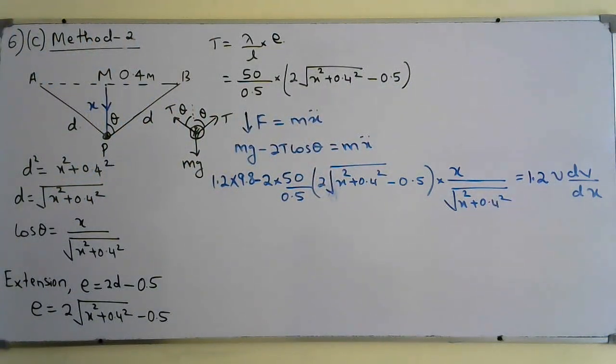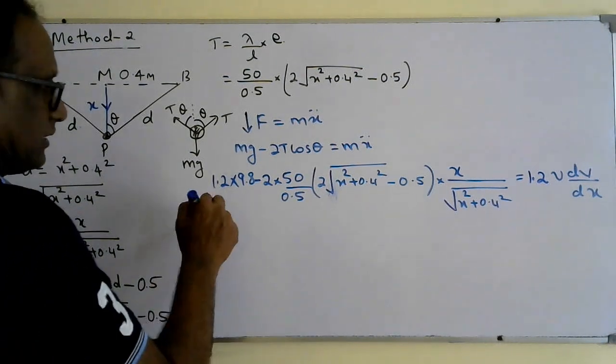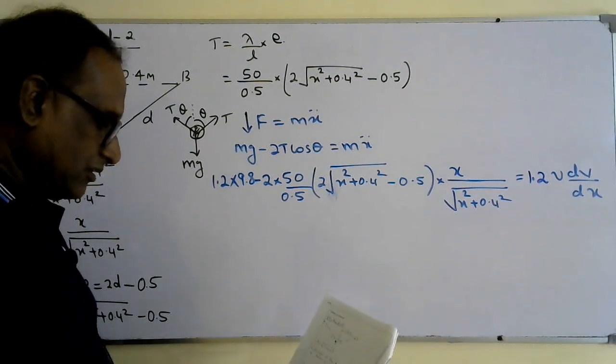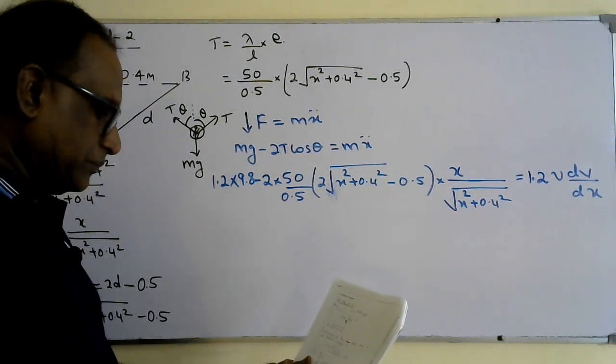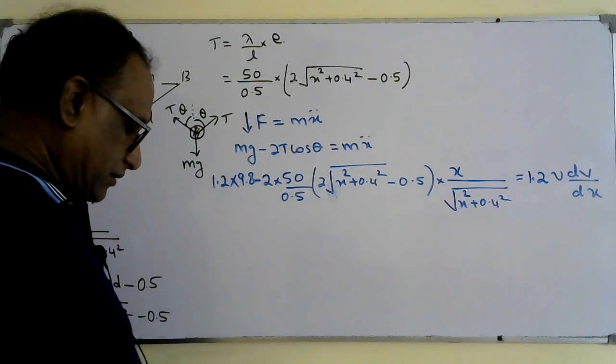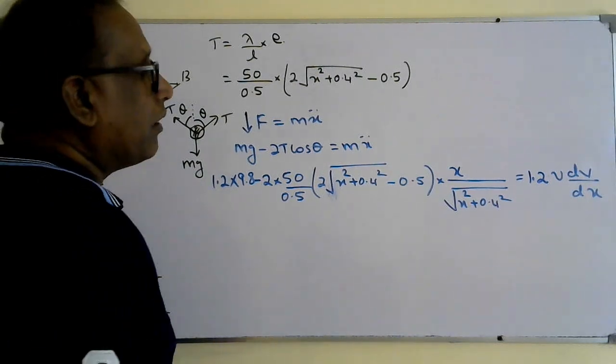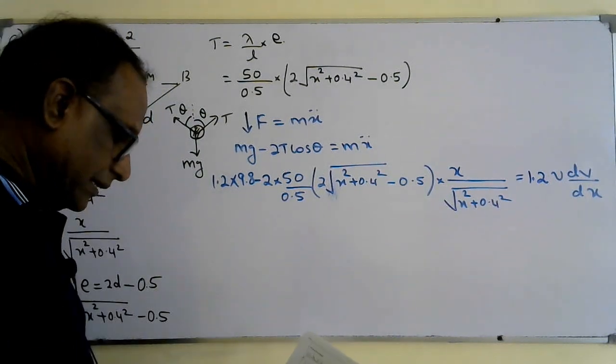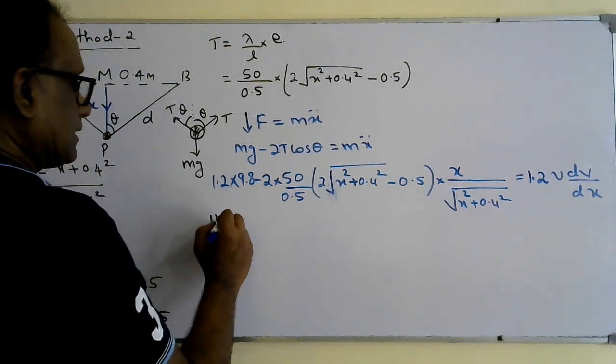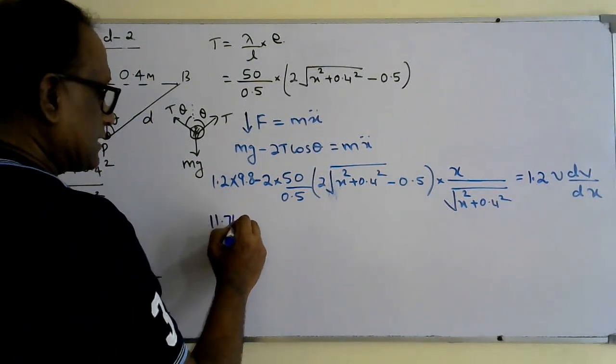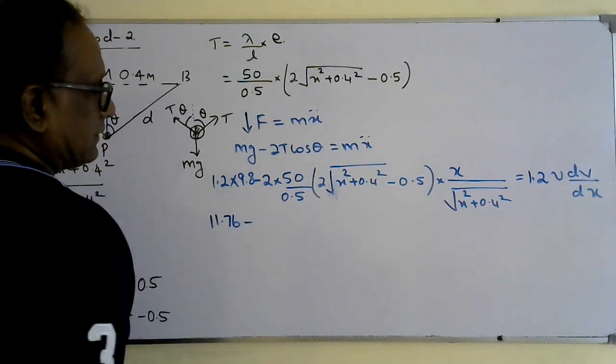Okay, now we have to solve it and integrate. You can see a lot of numbers are there. Anyway, when you solve 1.2 into 9.81, that's a very simple number, it will become 11.76. Now look at this one.